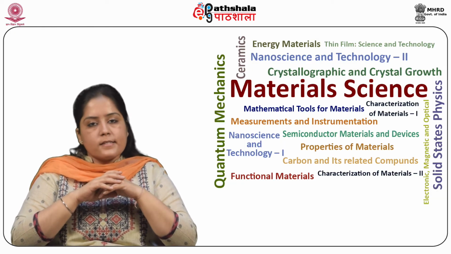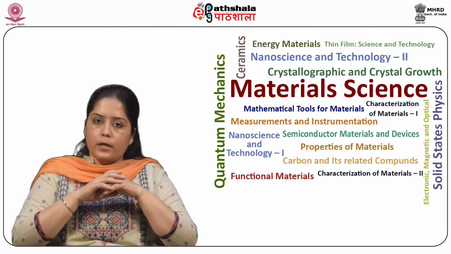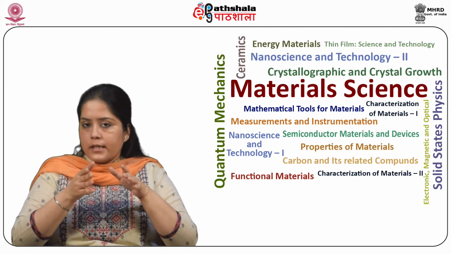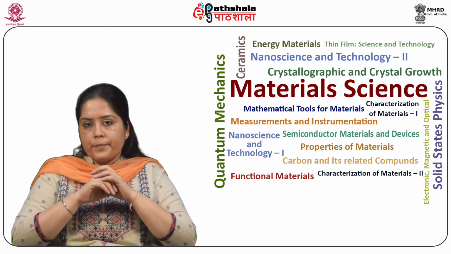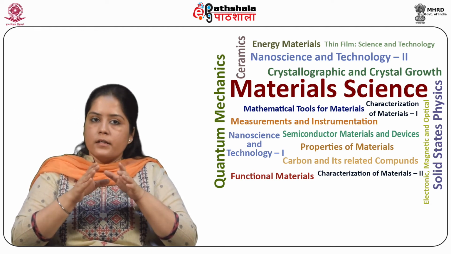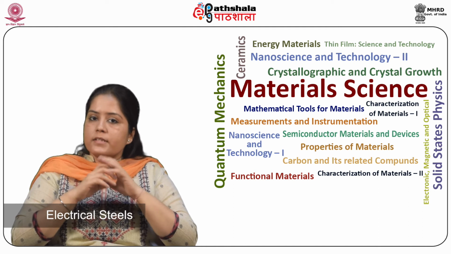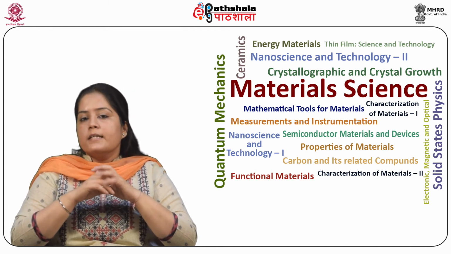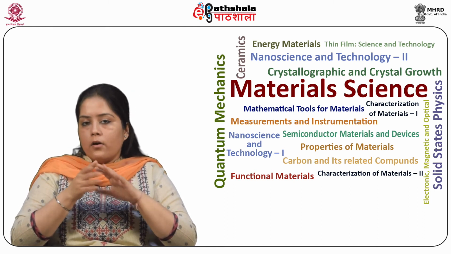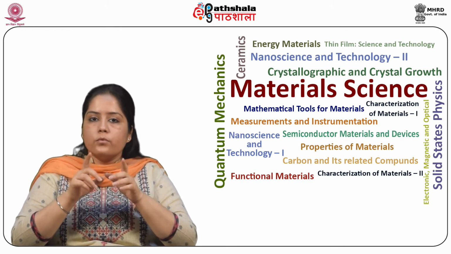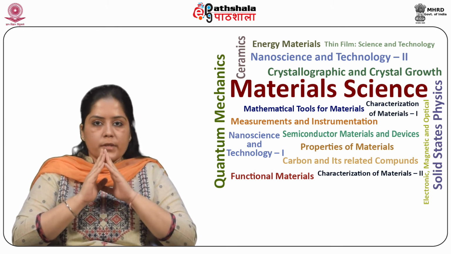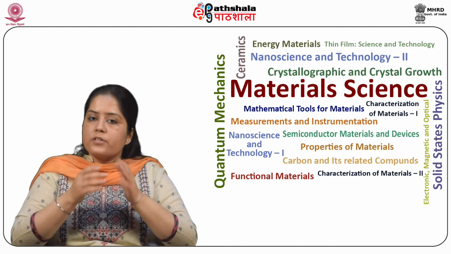Students, let us discuss over here the electrical steel or iron silicon alloys. Ironically called electrical steel, the iron silicon alloys are one of the most widely used soft magnetic materials in electrical motors.